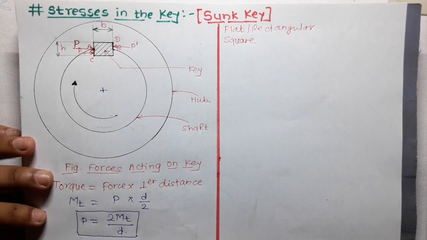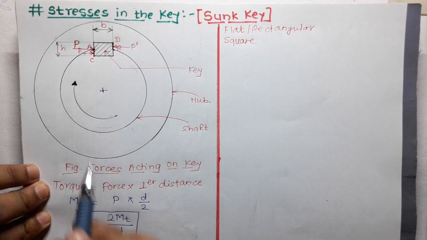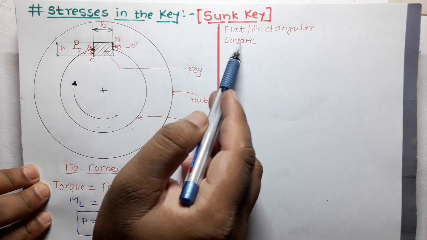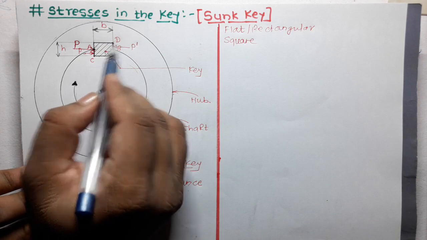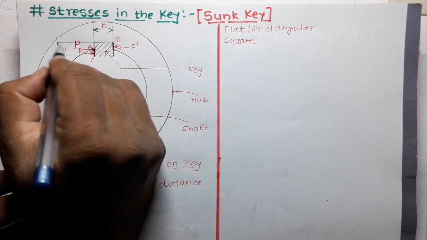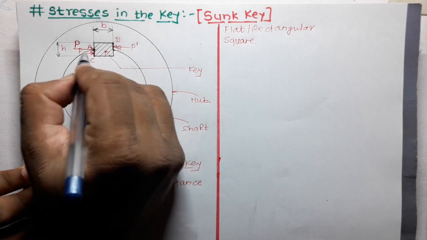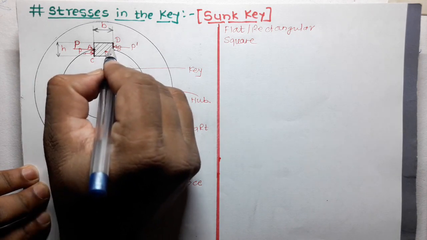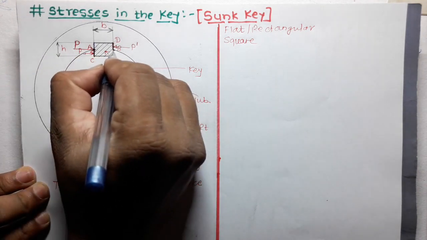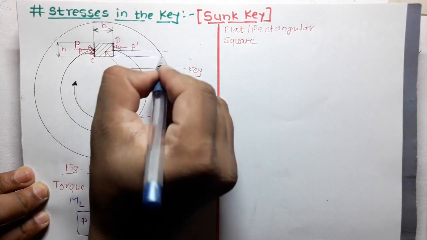After deriving this force P equation, we have to find the stresses induced in this key. This is the sunk key, either rectangular or square. In this sunk key, half of the total height h is in the shaft and half of the height is in the hub.